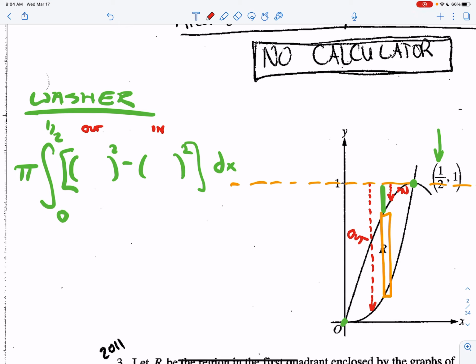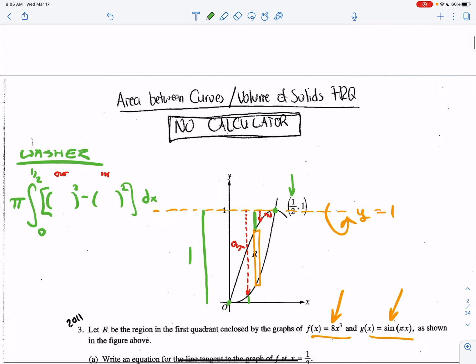I want to see if you guys remember, so go ahead and pause here, press play when you're ready. Figure out what the outside and the inside is. Okay, I know that from here to here is 1. And this tiny little nugget right here is your f of x, which is y1.